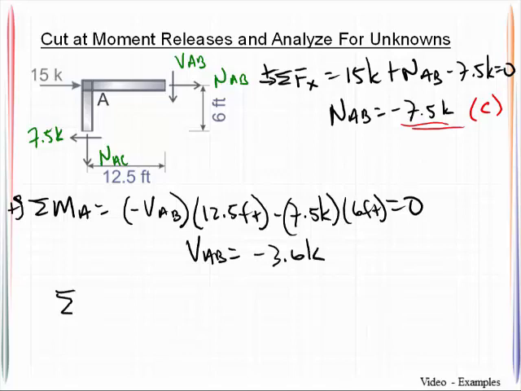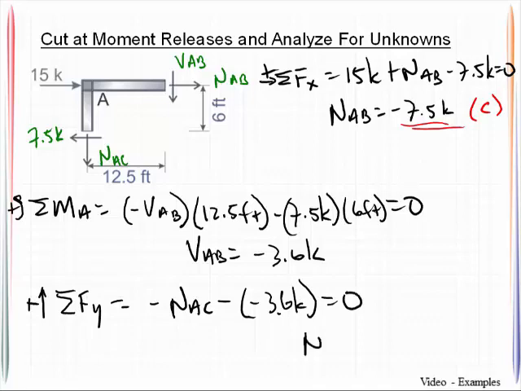And then lastly, sum of forces in the Y will give me negative NAC minus a negative 3.6 kips equals 0. So NAC is equal to 3.6 kips. And since that is positive, that will be in tension.